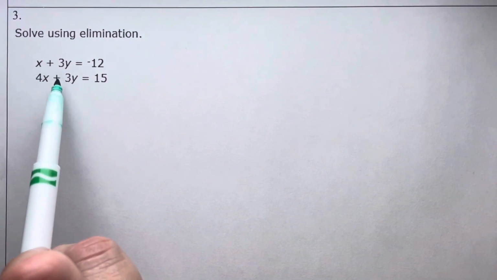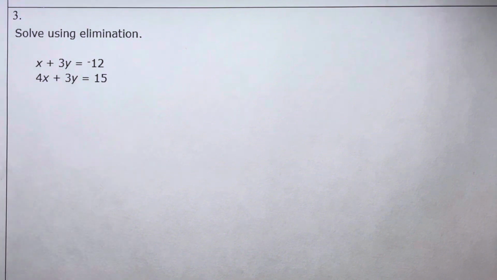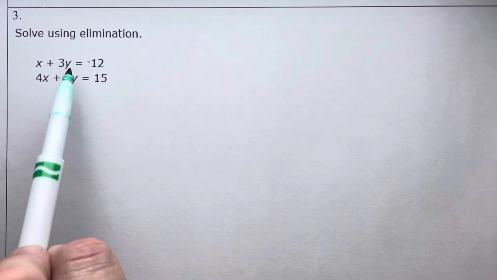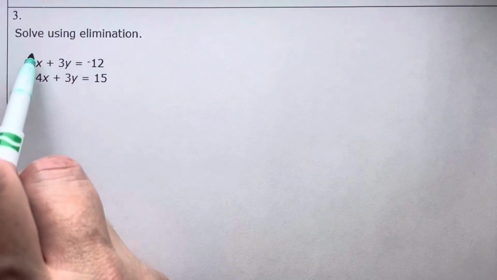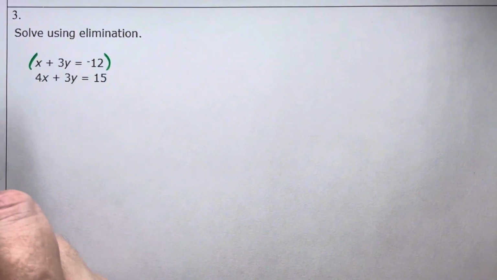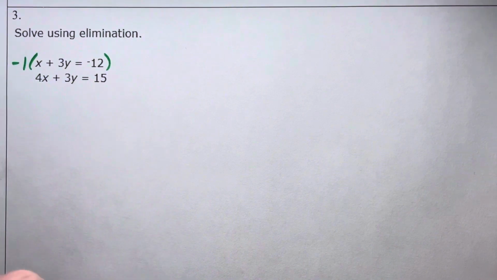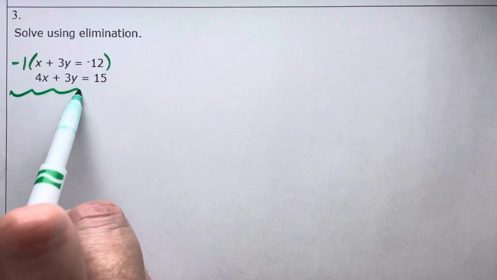I need one of these 3's to be negative, and in order to make that happen, you have to multiply the entire equation by a negative. And I am choosing the top equation to work with.